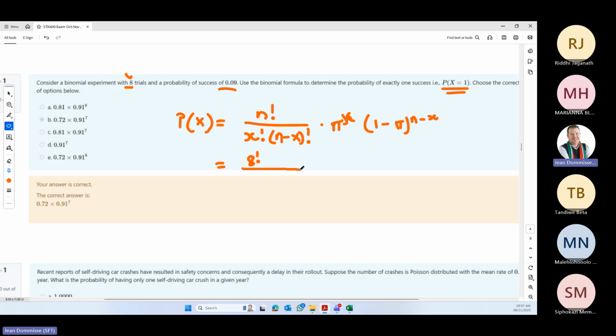X is 1. So 8 minus 1 is 7. P I've been given as 0.09. X is 1. Then 1 minus that.